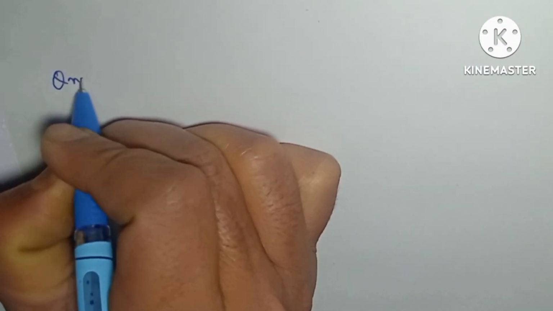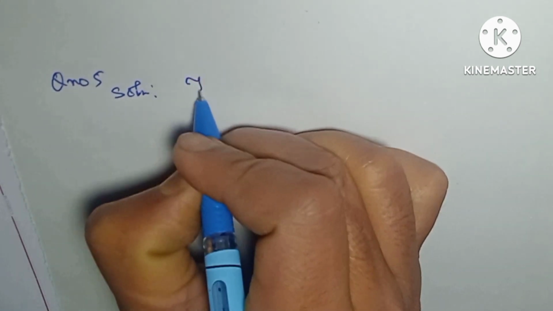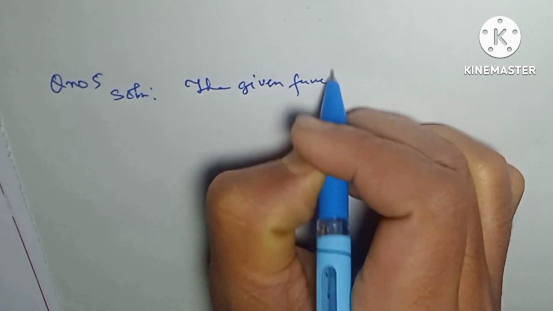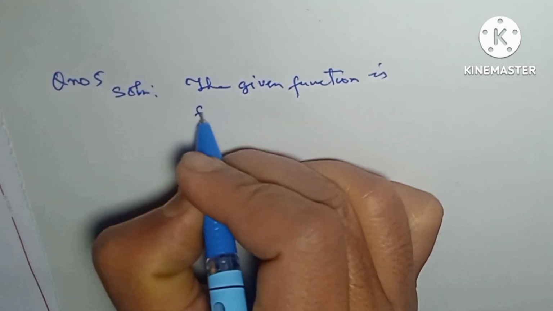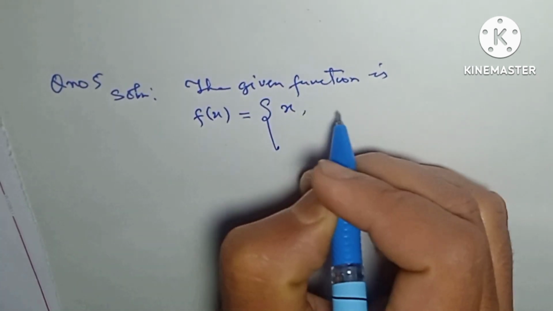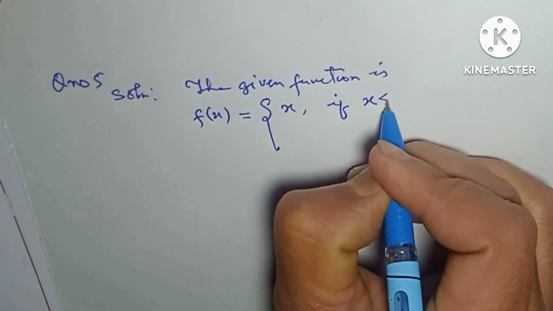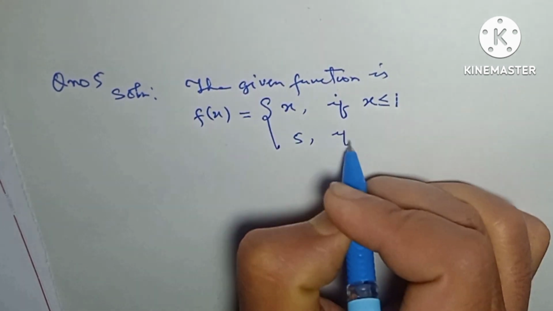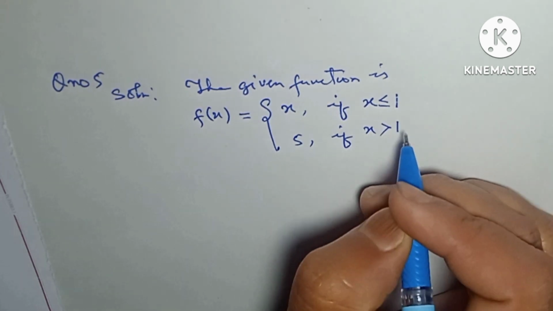Question number 5. Solution. The given function is f of x equal to x if x is less than or equal to 1, 5 if x is greater than 1.